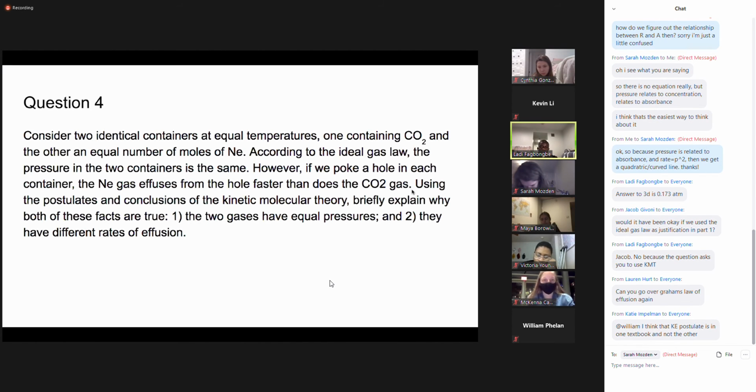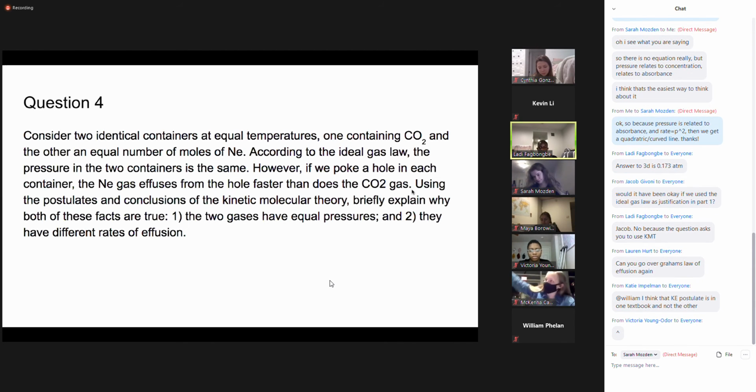But backing it up, if you mean deriving it, no. Just saying, according to the kinetic molecular theory, kinetic energy is proportional to temperature, and then going on with your explanation, that would be fine. But because it does ask you explicitly to use the KMT, you do have to use that. Okay, thank you.